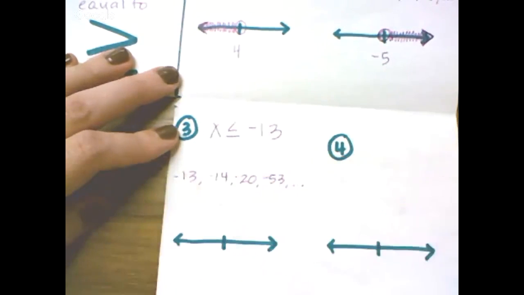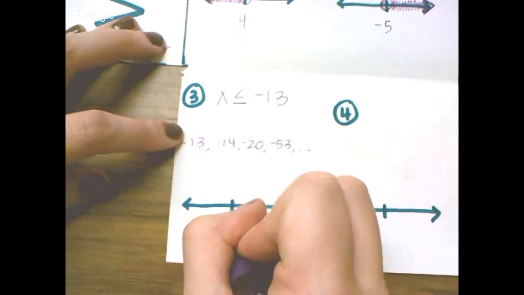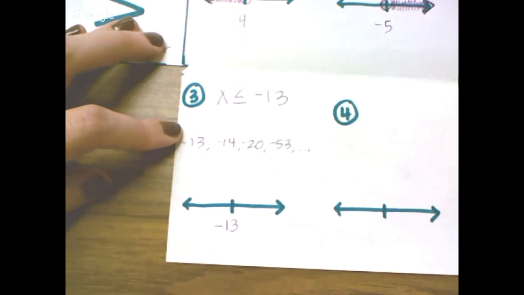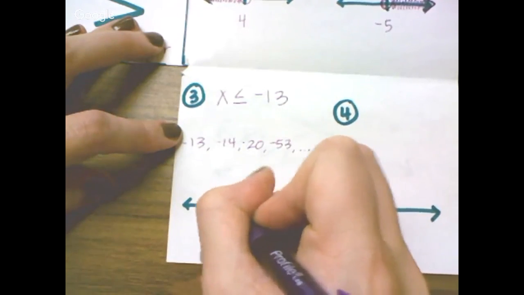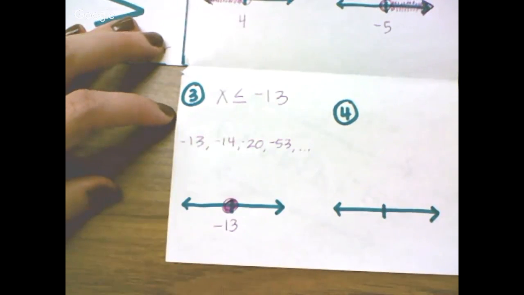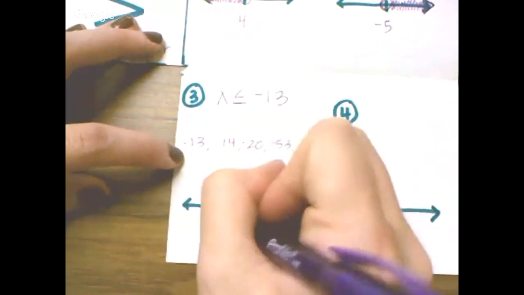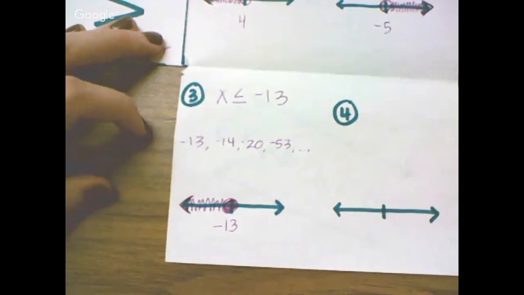Those are all options less than -13. So on my graph, -13 is my starting point. Since I can equal it, my dot is filled in because of that equal sign. I'm talking about all values less than, okay, less than -13.